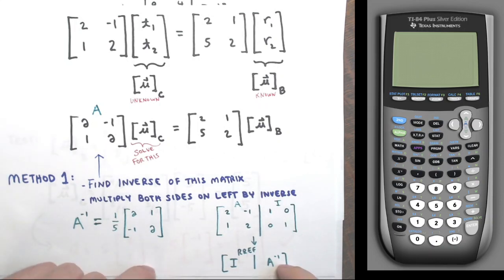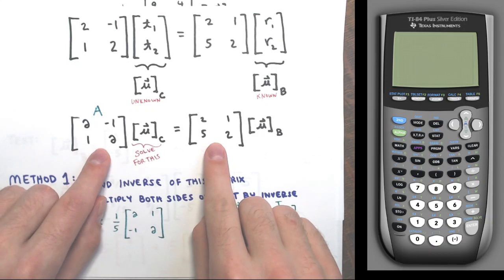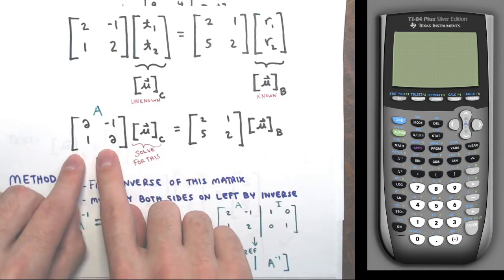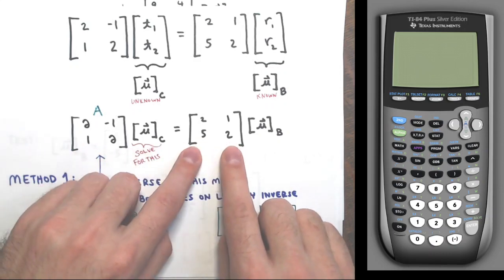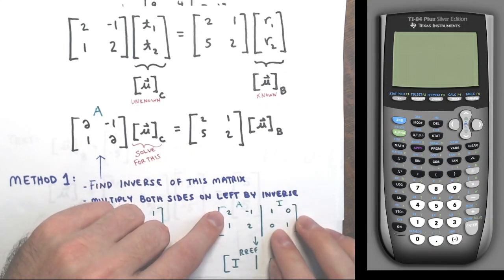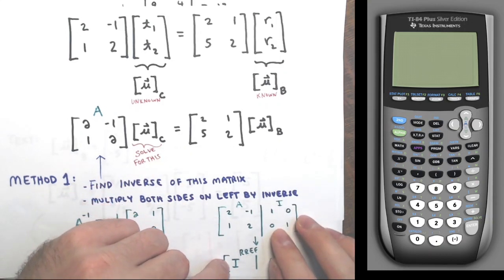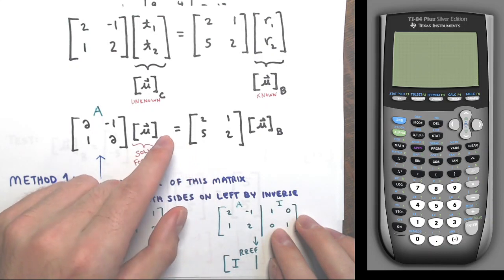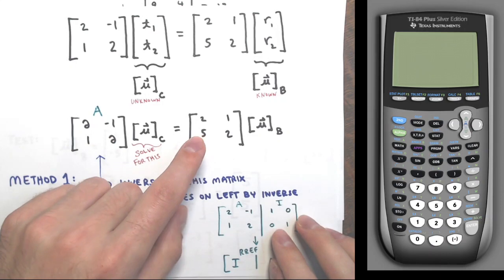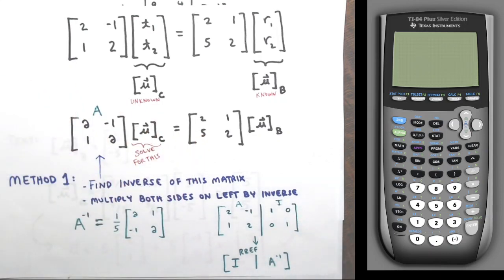Method 2 is I'm basically solving an augmented system here. So I can just set up a little augmented matrix where this matrix is on one side, this matrix on the other side, and then changing it to reduced row echelon form would give me the identity matrix on one side, and then basically the product of the inverse of the left matrix and this matrix on the other. All right, let me show you what I mean.